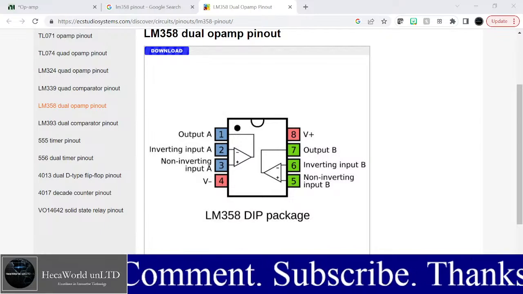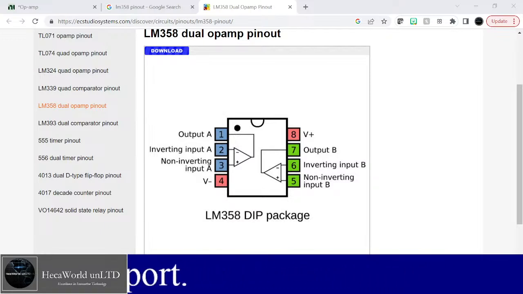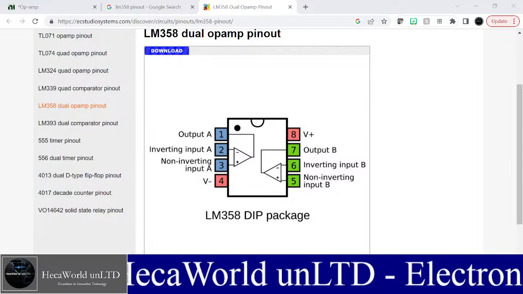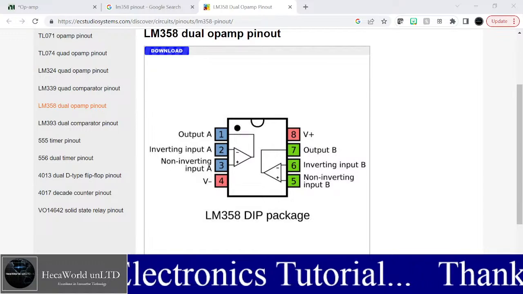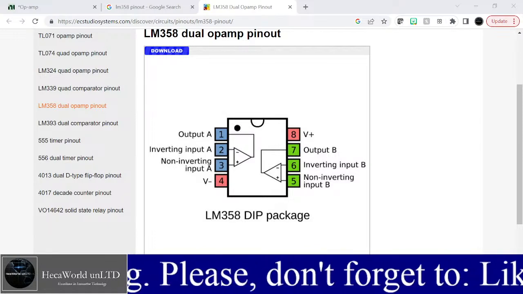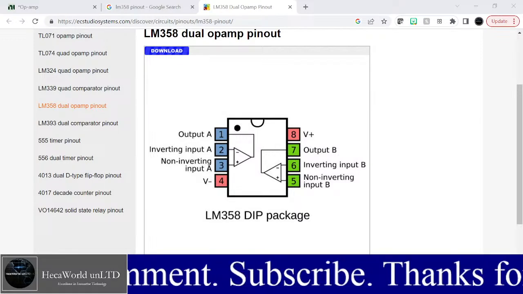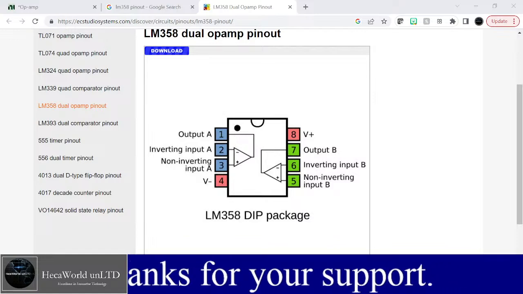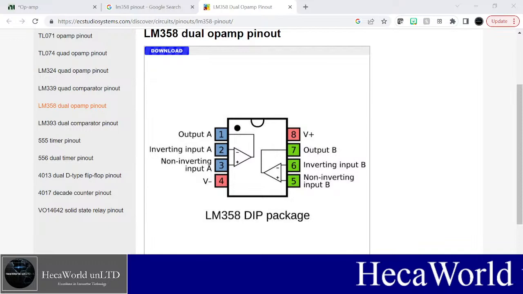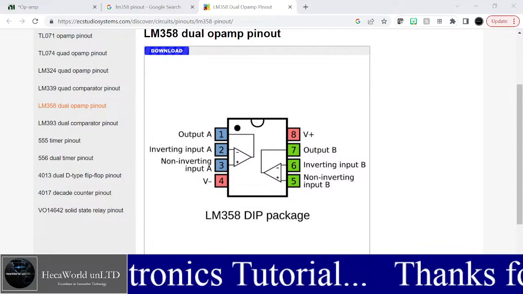So if we were saying if the signal in the negative input, which is pin 6, is greater than the signal on the positive input, then it's also low, because these two are basically the same, right? And then the last one should be the same as the top one.